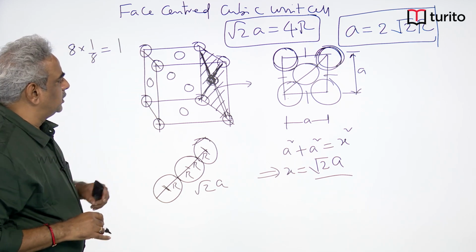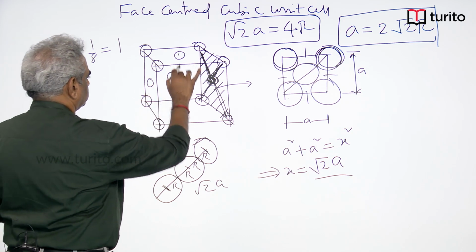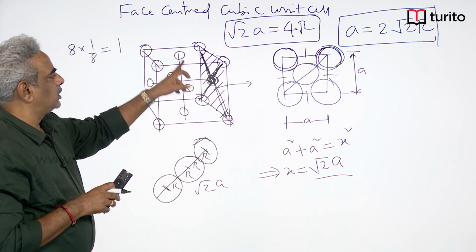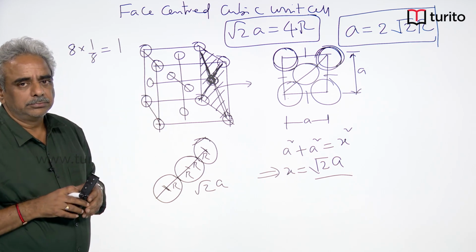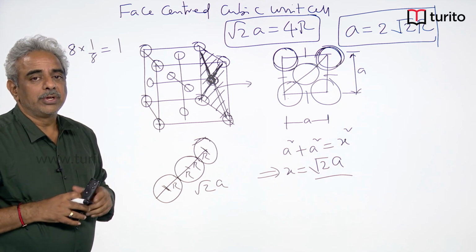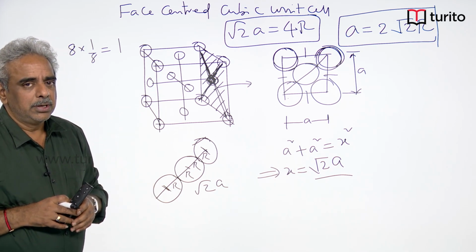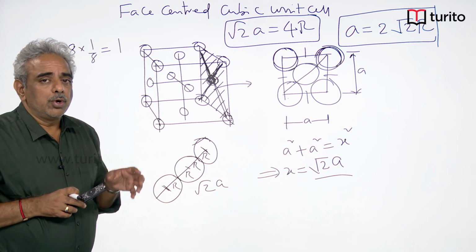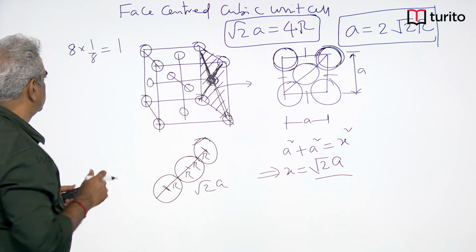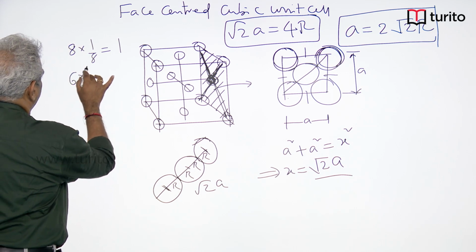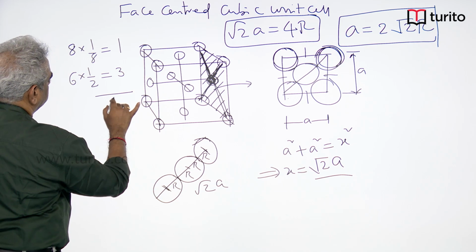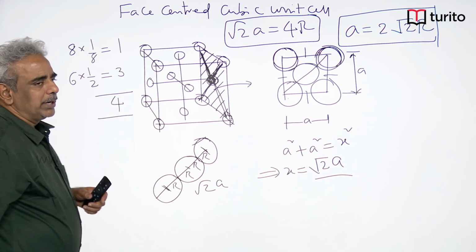On the faces, you have got 6 atoms. See, on the left, right, top, bottom, back and front. Each face has got an atom. 6 faces. What is the contribution of one face? Half contribution. So 6 into half, 3. So total 4 atoms per unit cell.